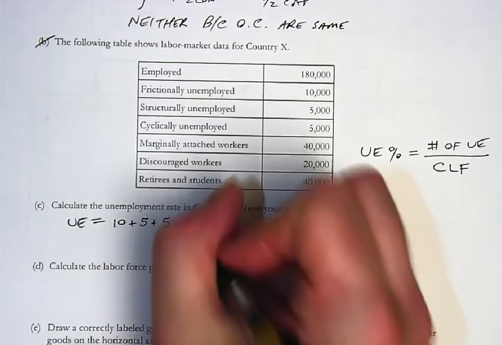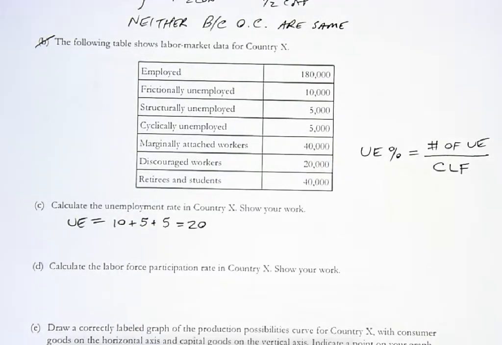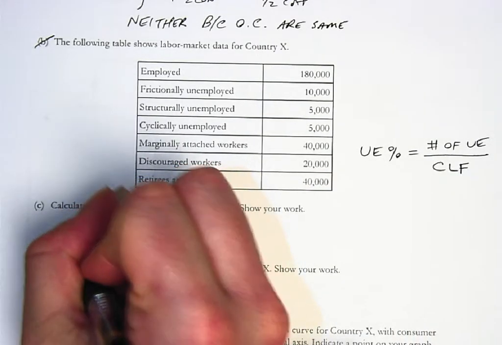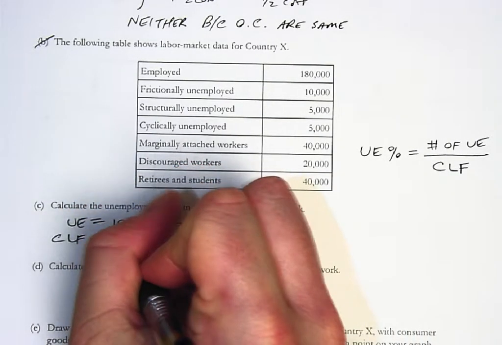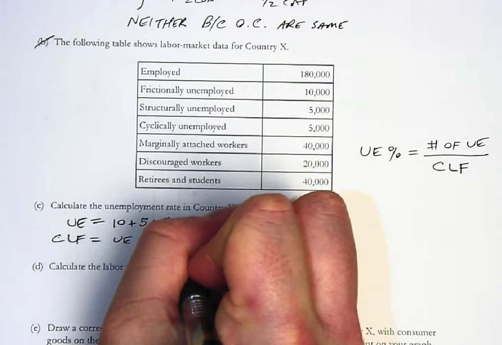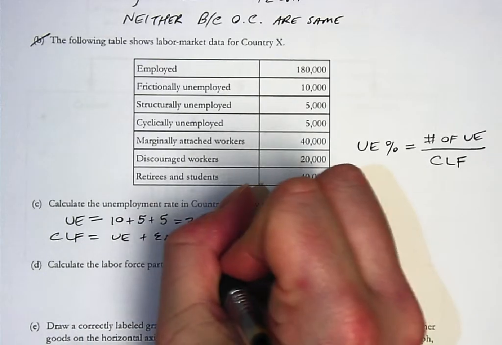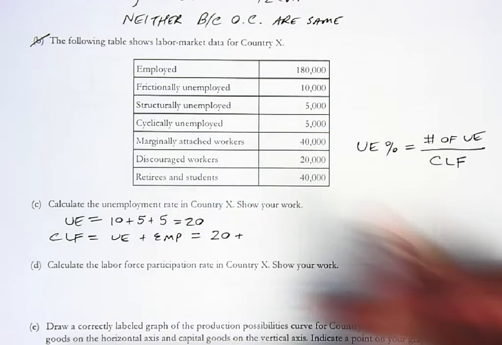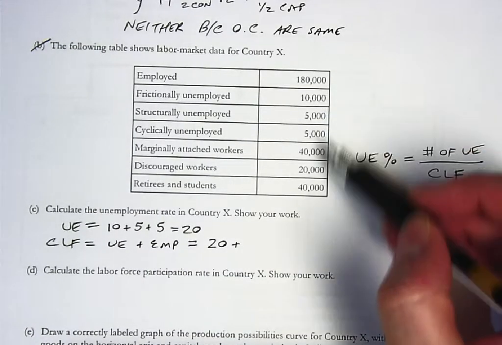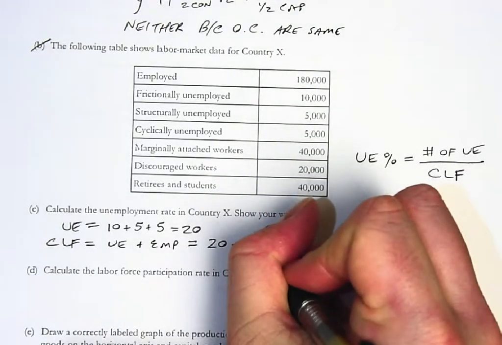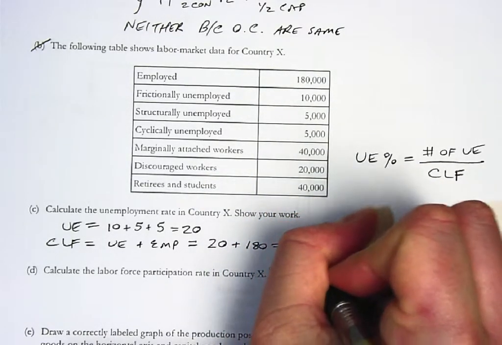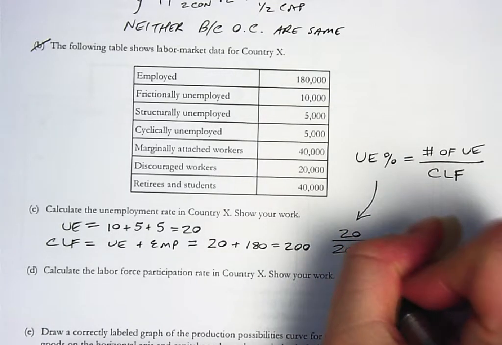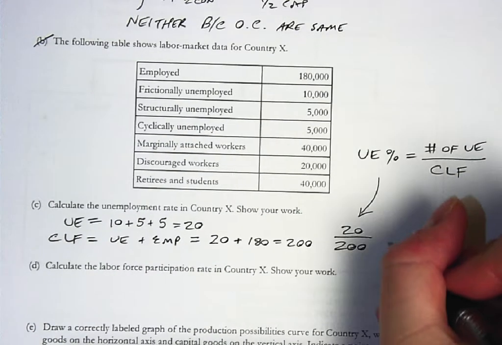That's the number of unemployed people. So that's 20. Now, what's the civilian labor force? Well, you have to know civilian labor force is equal to the unemployed plus the employed. So that would be unemployed, which we calculated as 20, plus how many people are employed? Well, 180. So that's 200. So the unemployment rate is 20 over 200, and that is 10%.